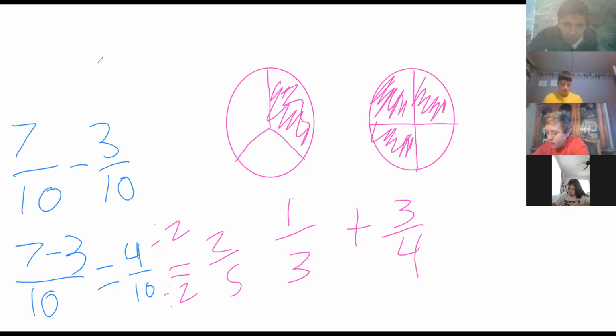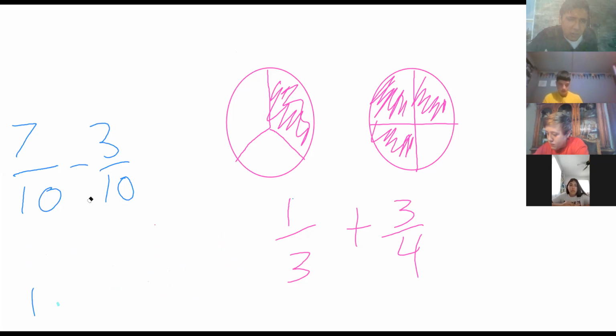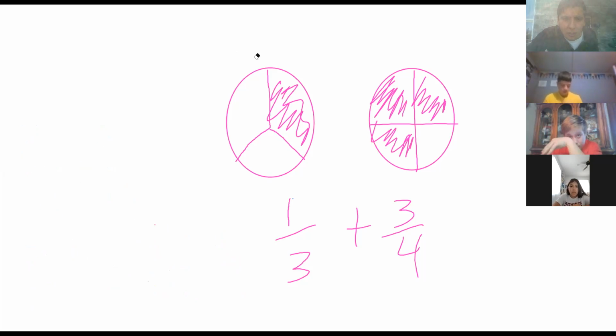So the question is why? Can we add this together? And if not, why? What do you notice about the circles, and why can't we just put these two together? The denominators are different, but visually, what do we see here? Why can't we just say I have this part of a circle, I have this part of a circle, and I'll put them together?